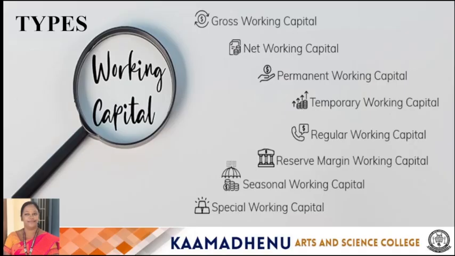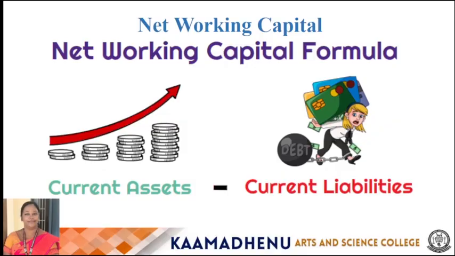Now we are going to see about these various types of working capital in brief. First one is net working capital. Net working capital is nothing but the difference between the current assets and current liabilities of the organization.